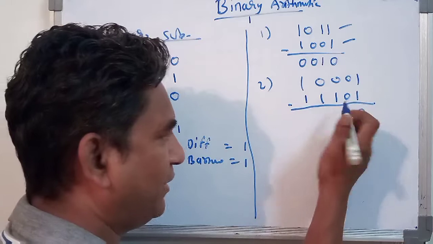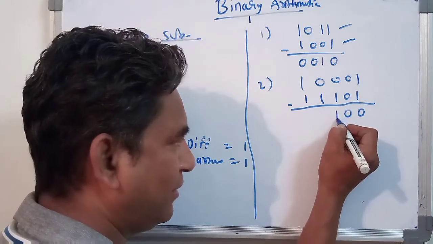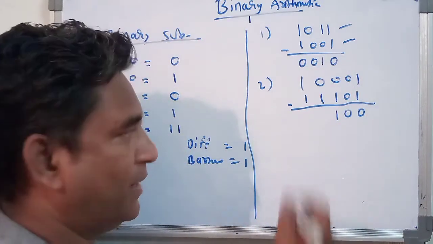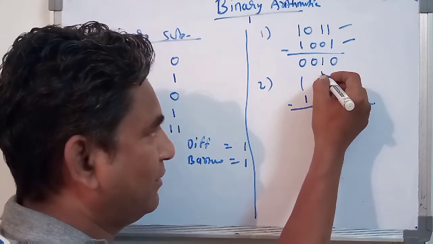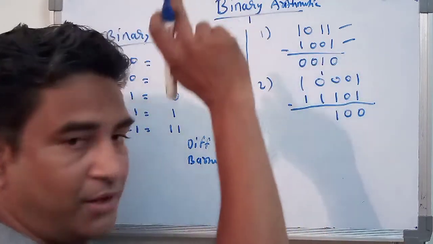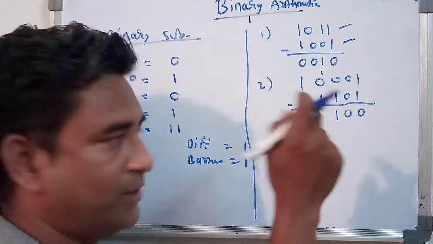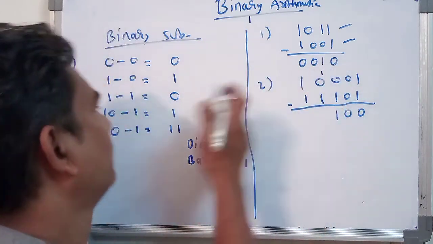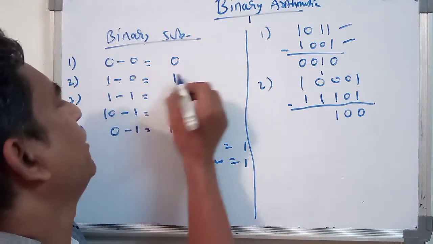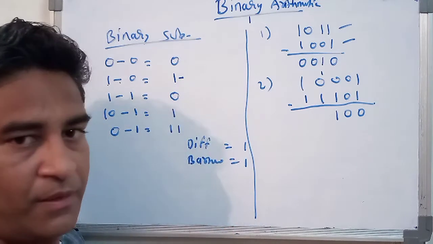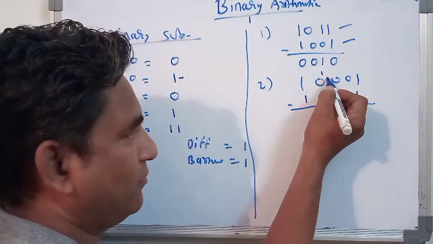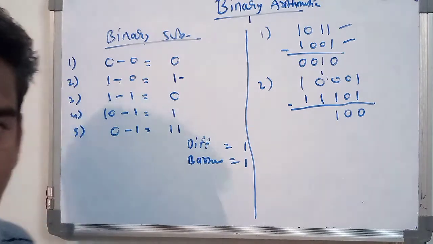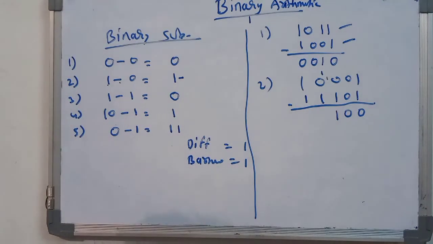So whatever the difference you are getting here, you have to write down the 1, and then this 1 has to be subtracted from that particular bit of the first number. So 1 minus 0, what you will be getting? 1. Okay, this 1. Then 1 minus 1.